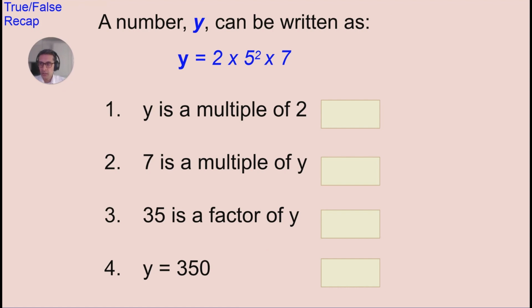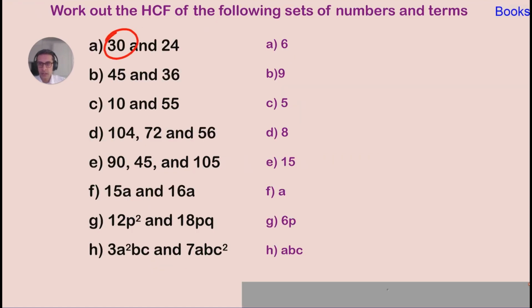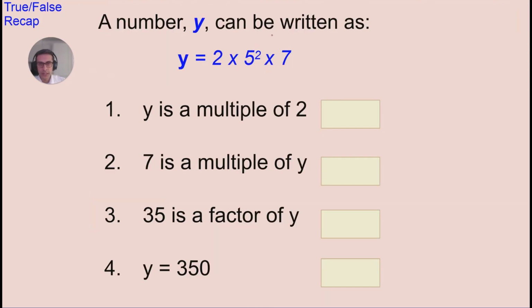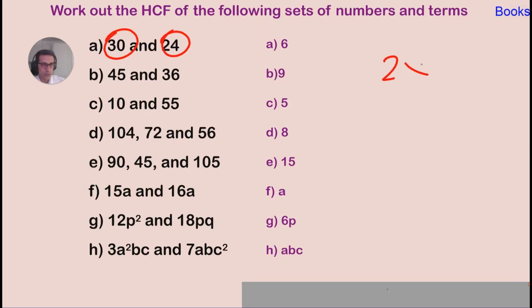So sometimes, rather than being given numbers like 20 and 30 or 24, you may be given numbers as a product of primes. So for example, 10, which is 2 times 5, is quite easy to work with. You can easily work out the original number.